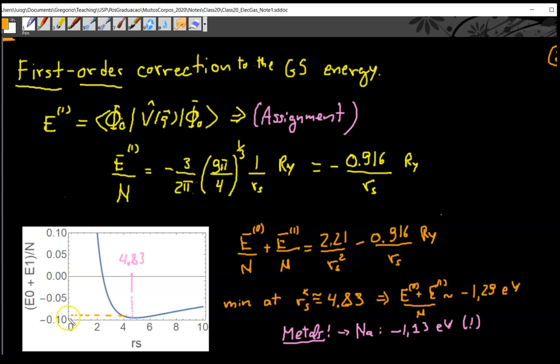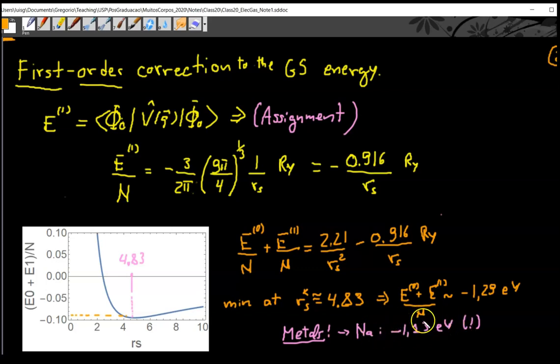You can see it right from the plot here, it is about minus 0.1, and minus 0.1 times 13.6 is minus 1.3. All right, so is this a reasonable number for, say, metals? And in fact it is. Say for sodium you get minus 0.113, which is precisely the binding energy for sodium measured in experiments.